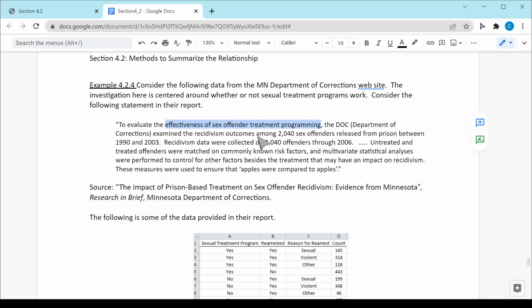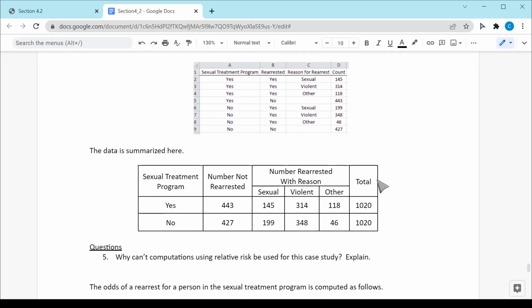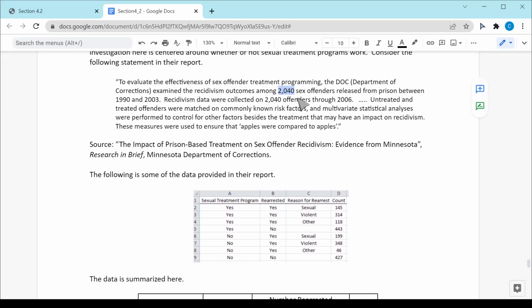Okay, they took 2,040 sex offenders and put them through the sexual treatment program. So there was a total of 2,040 sex offenders that went through the sexual treatment program. And then what they did is they also took another 2,000, of those 2,040, so let me take that back.